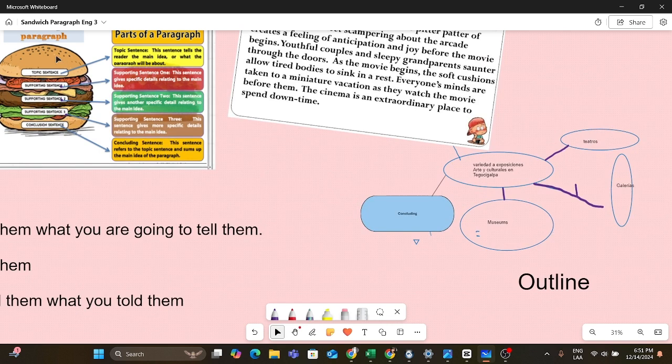So my main topic is the variety of cultural and artistic expressions in Tegucigalpa, but I need to support that with mentioning the theaters, the galleries, the museums. And then, of course, I have to have a concluding paragraph, which is a summary of what I'm going to say here. So I need to think of this. It has to be related to this idea here.